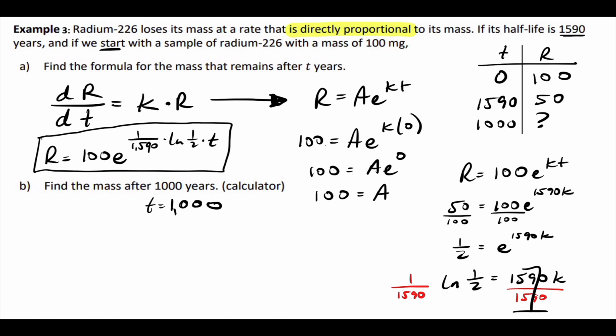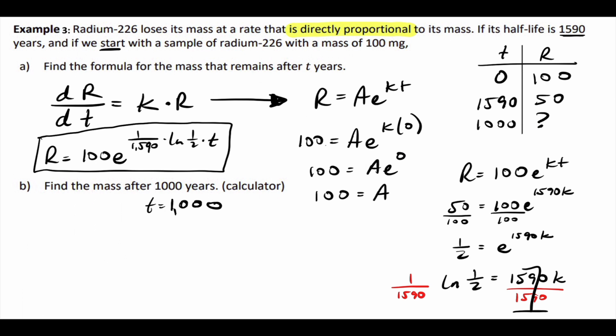They'll say find the mass after 1,000 years, and they'll have A, B, C, D, E. But if you don't do what we've done here in part A, you're not going to be able to do that. So I've scaffolded it into two parts for that reason.